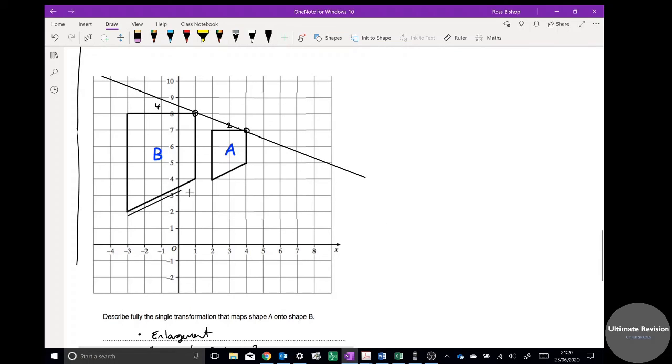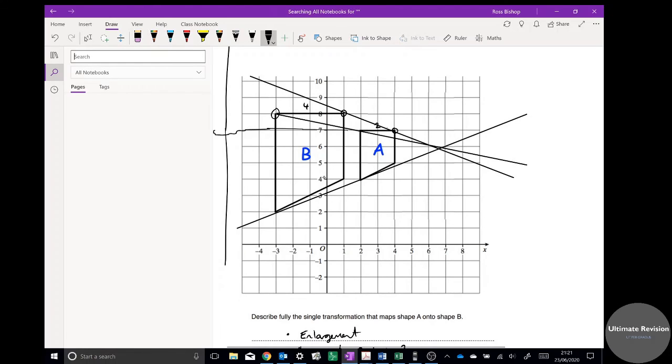I'm going to draw it now from that point through that point. Hopefully it's a little bit clearer than mine. And then the next one, I go from that point through that point, corresponding points.